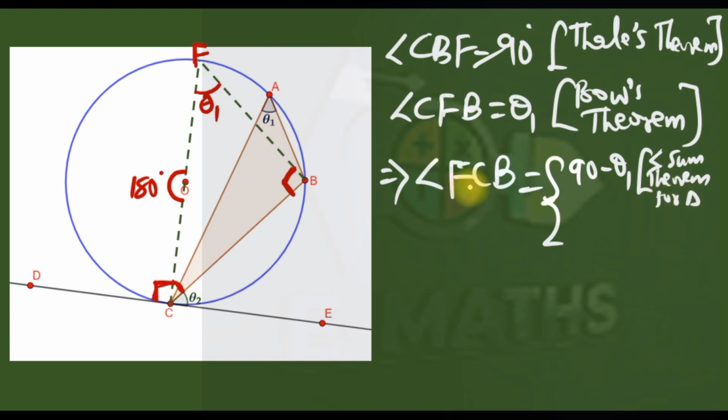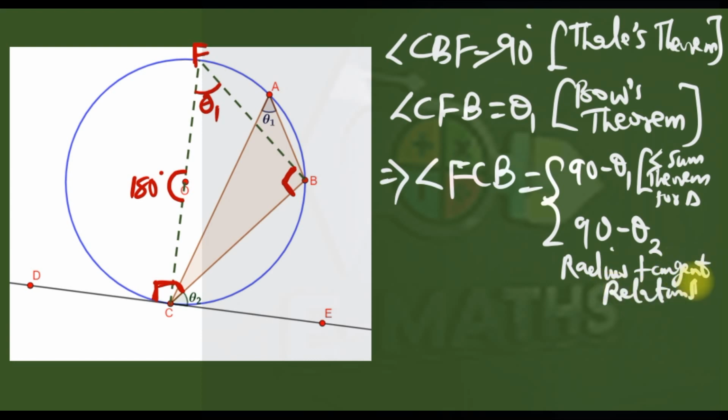That same angle FCB is also 90 minus θ2 based on the radius-tangent relationship. They're always perpendicular, the radius and the tangent line.